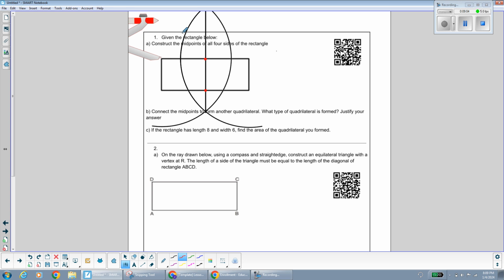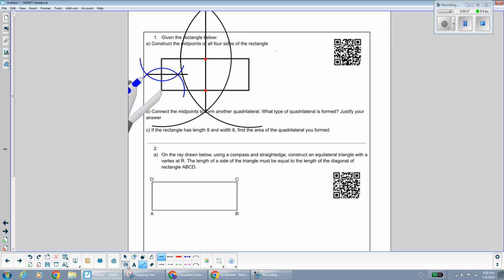We're going to do that using the same construction. If I can grab my compass, there we go. So I'm going to go over, once again, to an endpoint of the side that I'm bisecting, about 3/4 of the way down, make an arc, and then on the other endpoint, make the same arc.